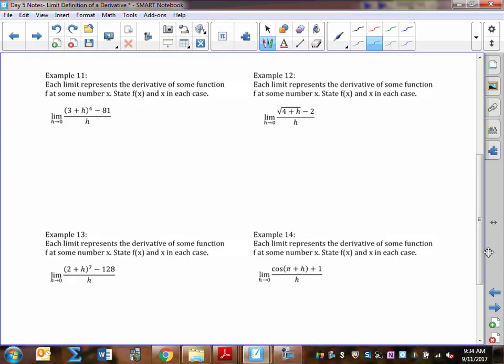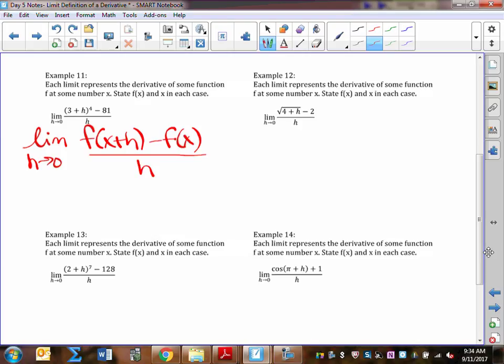Remember, our limit notation was the limit as h approaches 0 of f of x plus h minus f of x over h. Here they've actually substituted in a value, and they didn't tell us what the function is. If we look at this, you can probably guess, what is the x value that we're substituting in? 3. Okay, so let's state that x is 3. But what is my function then?